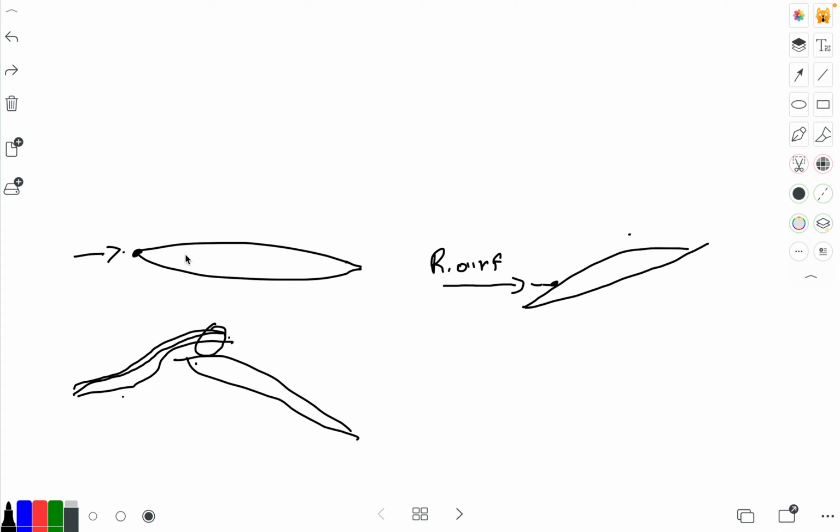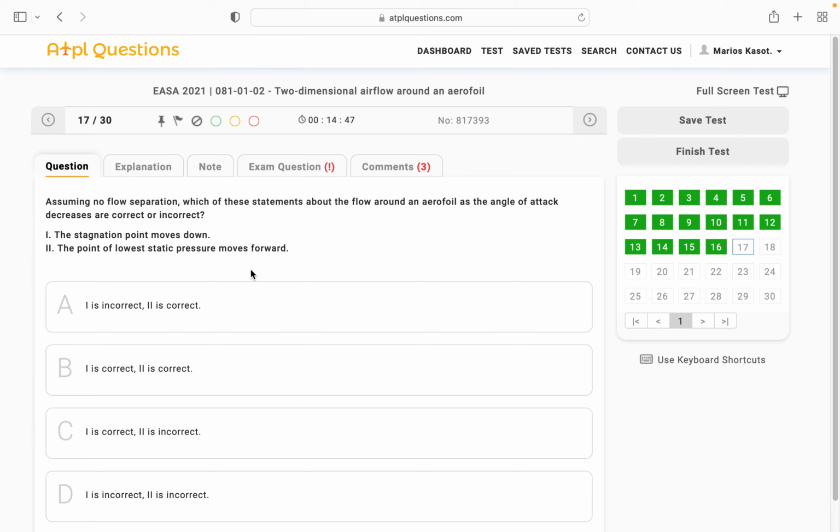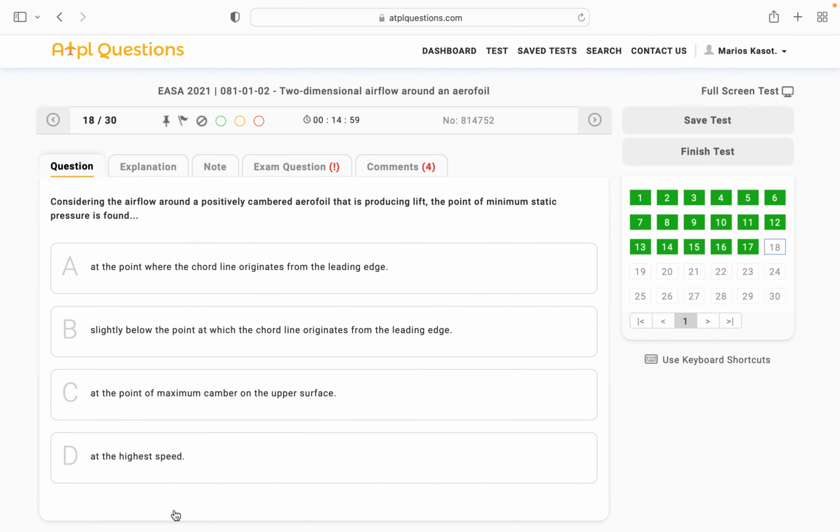But if we decrease our angle of attack on this airfoil, the point of the lowest static pressure, where we have the highest dynamic pressure, moves backwards. So number 2 is incorrect and number 1 is also incorrect. Both are incorrect.